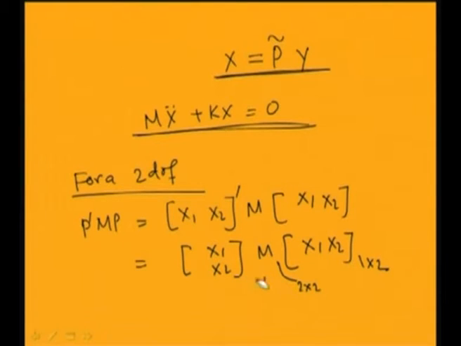So the transpose of x1 x2, times M, times x1 x2: these are all 2 by 2 matrices, and by this I can find P dash M P. It will be equal to the matrix with entries x1 dash M x1, x2 dash M x1, x1 dash M x2 and x2 dash M x2.